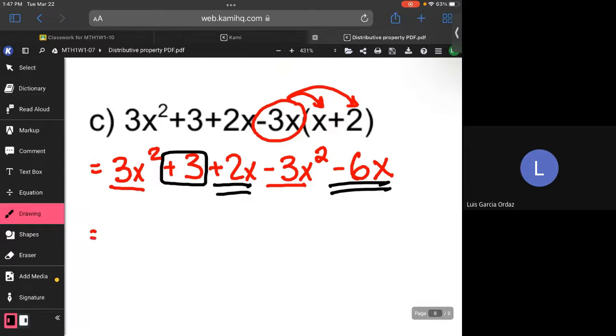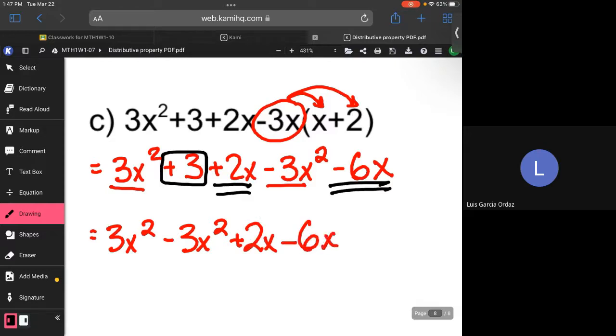So I'm left with 3x squared minus 3x squared plus 2x minus 6x plus 3. So 3x squared minus 3x squared, what does that give me? It's just 0. So I can forget about these two.